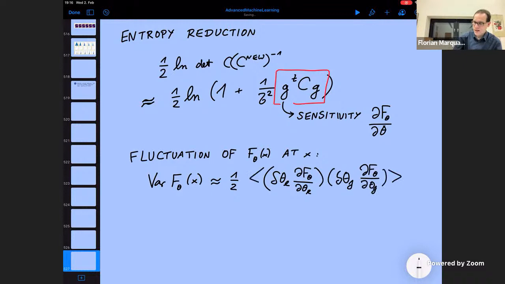And now you see, so there's the delta theta term, but that's our correlation matrix. And then there's this df over d theta times df over d theta terms. Well, but these are our g vectors, so to speak. So you can write this as 1/2 G transpose CG, and that's exactly what is written up there. Yeah. So now you see again an example where the information gain, now with some approximations admittedly, is largest wherever the uncertainty is largest.